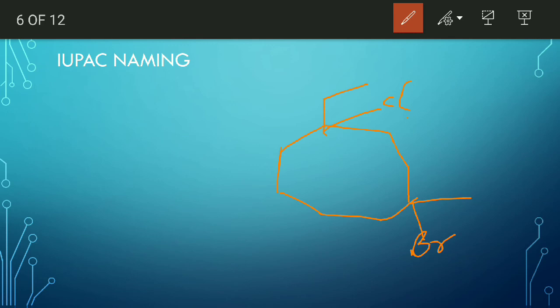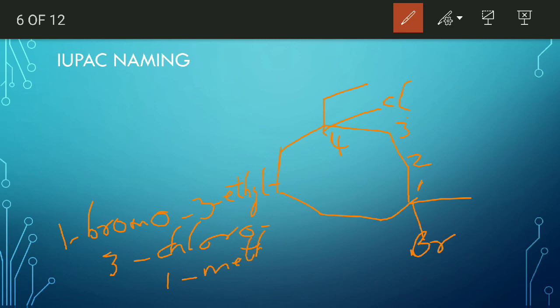Now from where would you start the numbering? Of course from bromine, because B comes first. 1, 2, 3, 4, right? Now the IUPAC name is 1 bromo, 3 chloro, 3 ethyl and 1 methyl cycloheptane. So this is the IUPAC name of this compound.